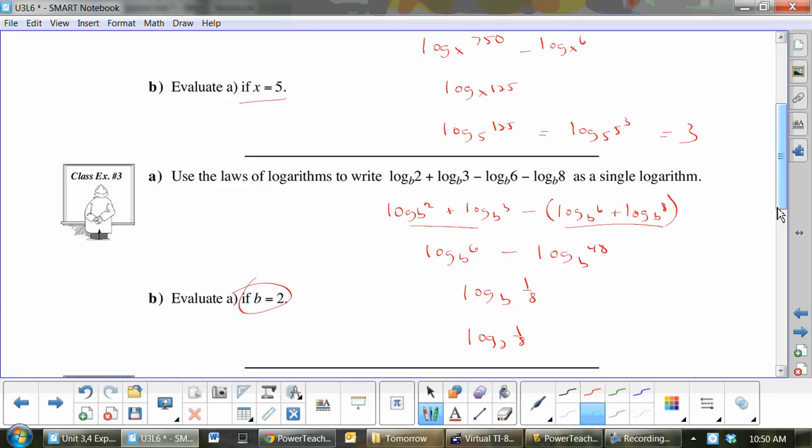Okay, now can you look at that and just see an answer? Well, this is log 2 of 1 over 2 to the 3, right? 1/2 times 1/2 times 1/2, which is the same thing as log 2 of 2 to the negative 3. So the answer is negative 3.